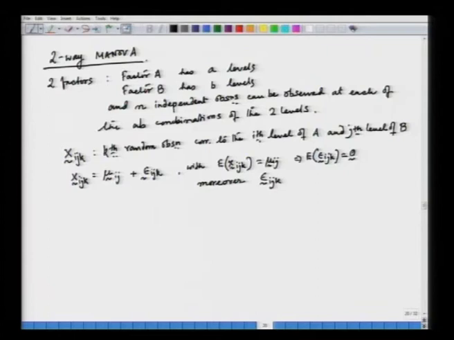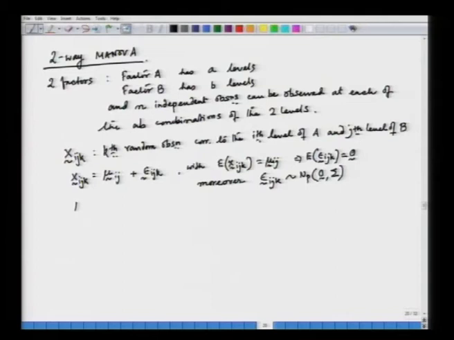I use the assumption that this is following a p-variate normal distribution with mean as the null vector and the variance covariance matrix as sigma. So, mu ij, let us concentrate on this part and try to split it up into the different factors.